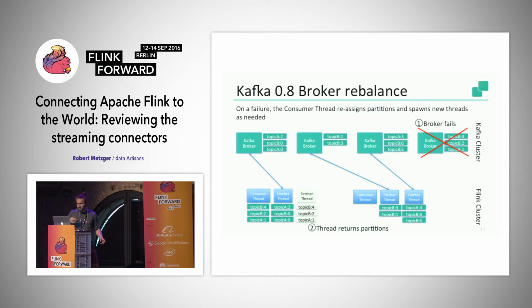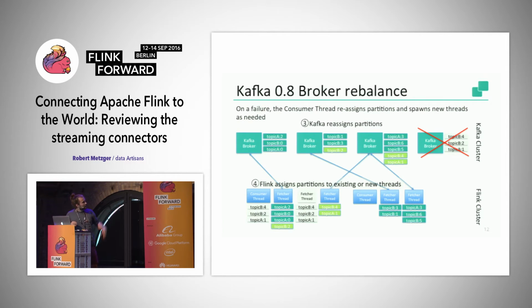So it spawns a new fetcher thread, and then it redistributes the work of reading from these topics to the existing threads. In this case, it had 3 topics to redistribute: it put one of these topics on an existing fetcher thread, and it put 2 topics on this new fetcher thread.